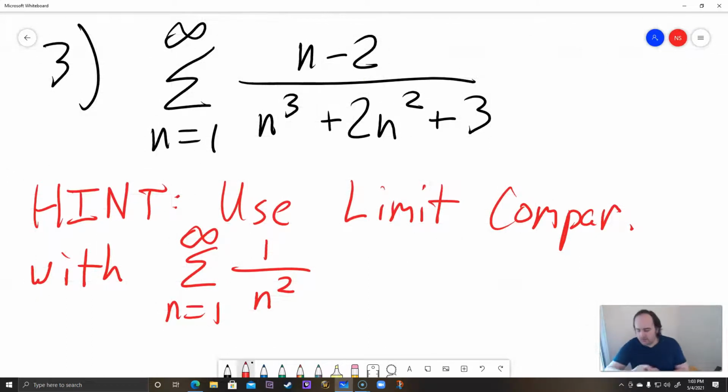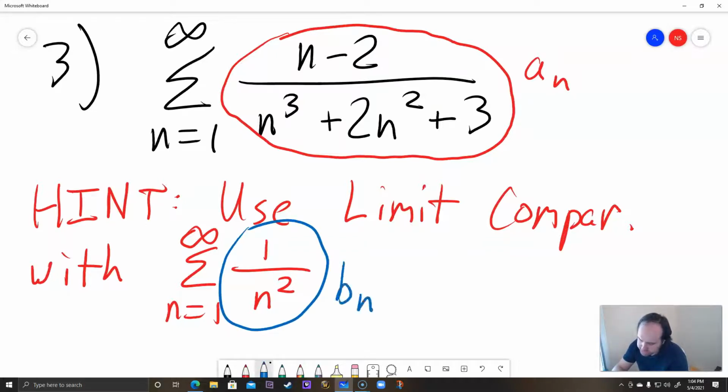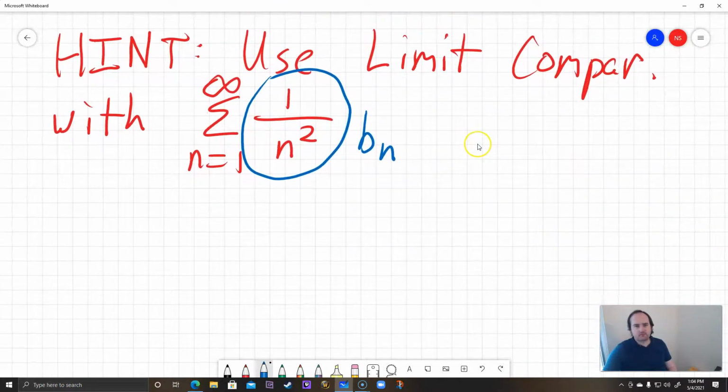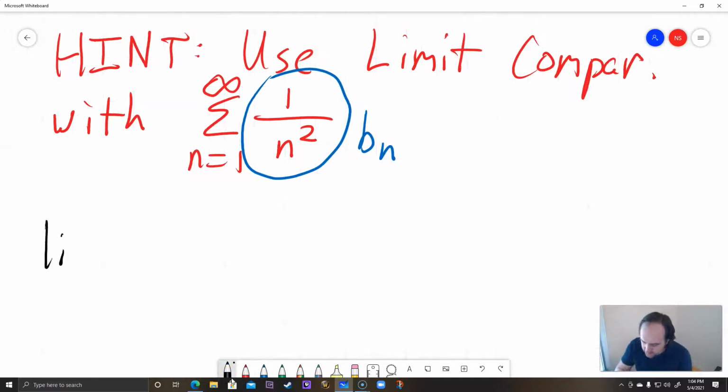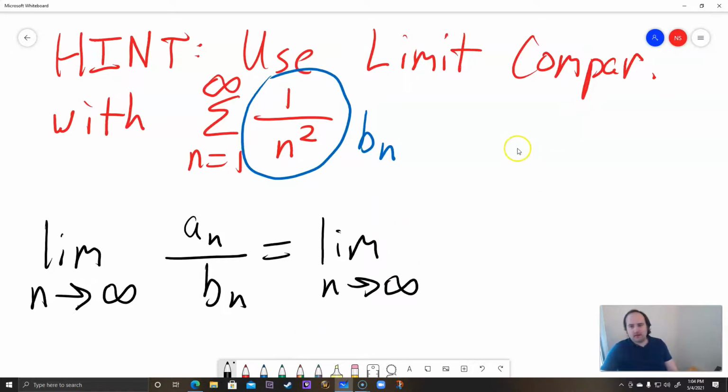So first of all, we label our original expression here as an, and then our bn is going to be this 1 over n squared. Since they told us to use the limit comparison, we're going to be doing the limit as n goes to infinity of an over bn. Well, an was kind of complicated.